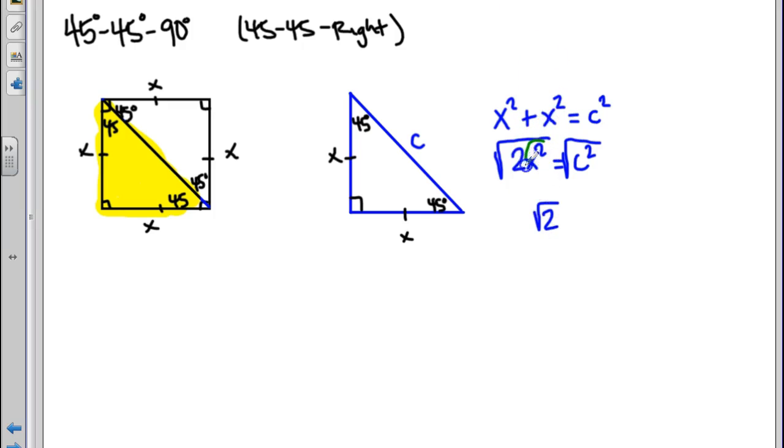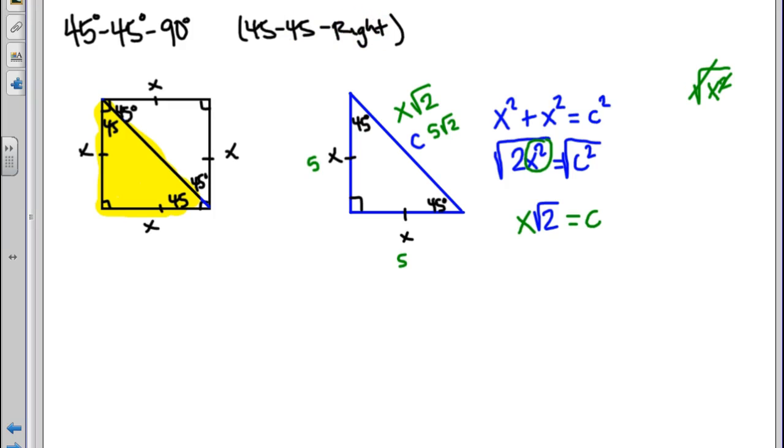The x's are squared, and the square root of something squared, those are inverse operations, they undo each other, so it can come out as x. So c, the length of c, is whatever this side length is times the square root of 2. So if I say the leg is 5, you know this side is 5, this side is 5, and this side is 5 times the square root of 2.